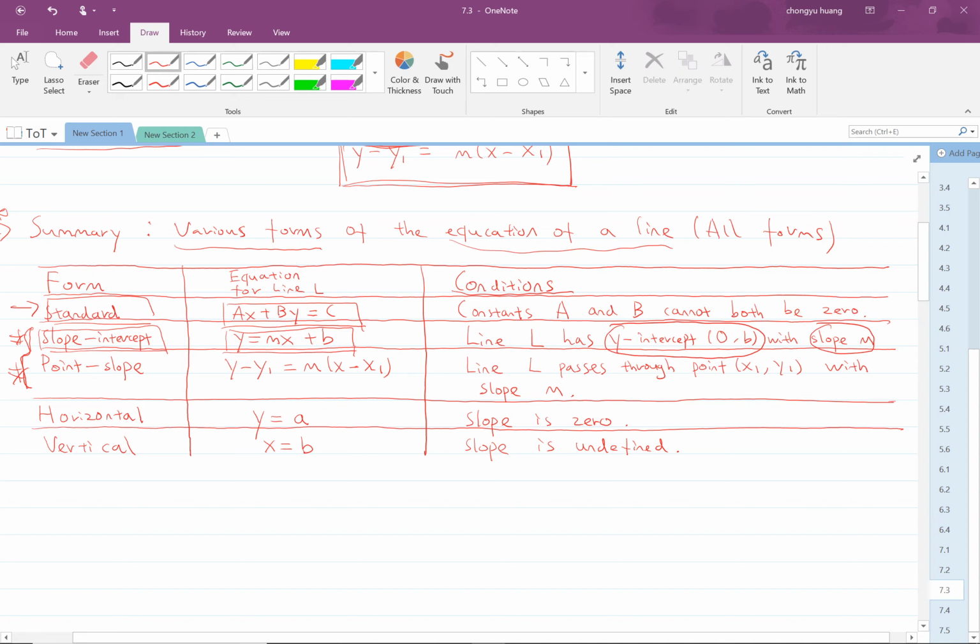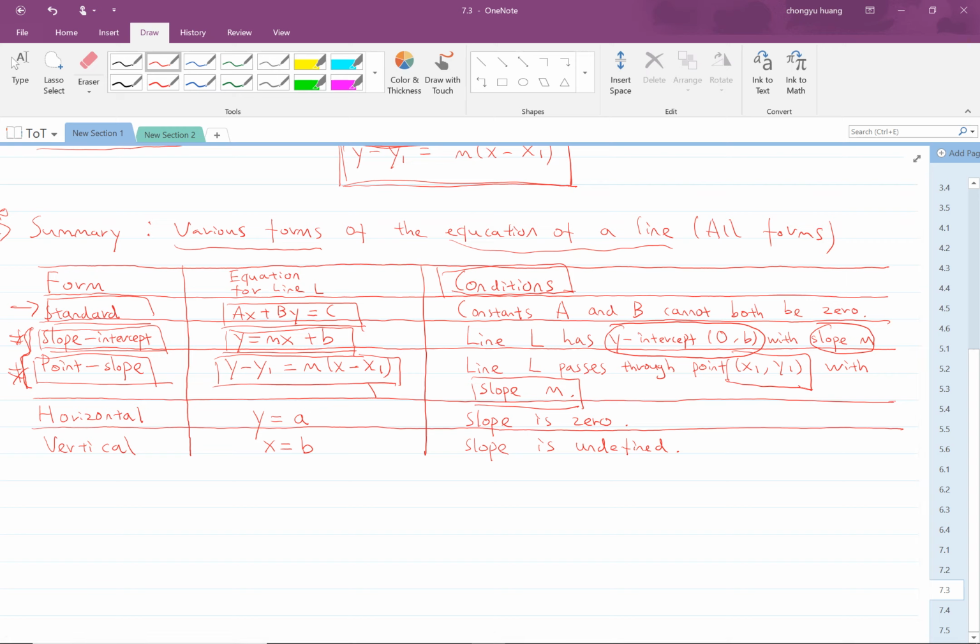Let's talk about the point slope form, as I just mentioned, right? We have this equation: y minus y1 equals m times (x minus x1), and the condition is that the line passes through a point, and has a slope m.